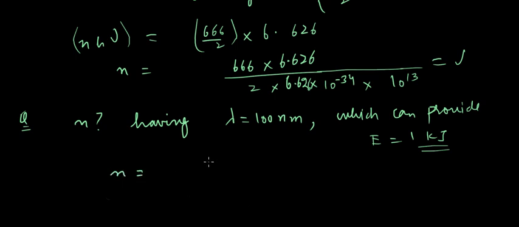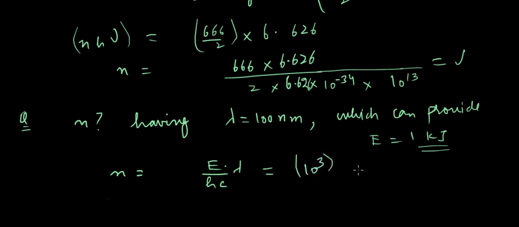So n would be E upon hc into lambda. 1 kilojoule would be nothing but 10 raised to power 3 joules.